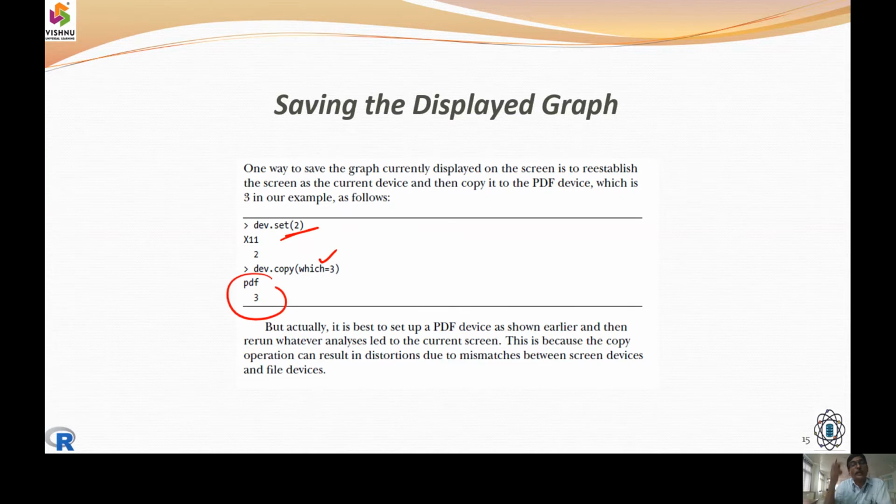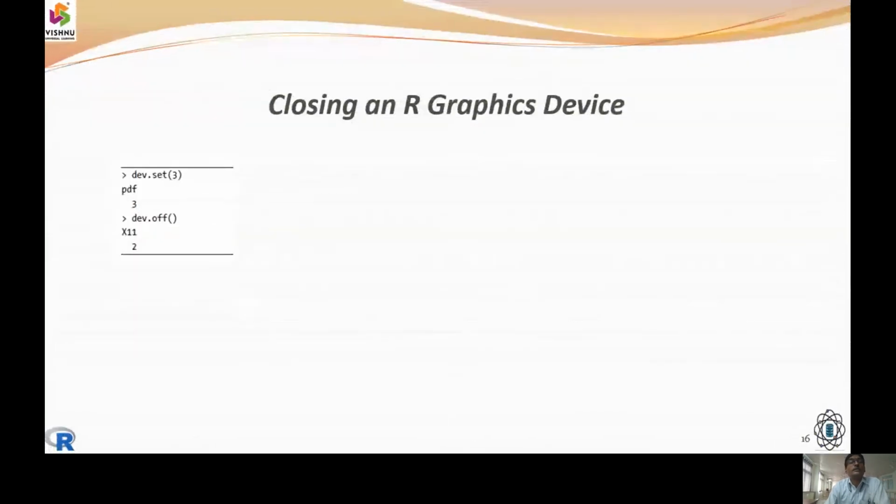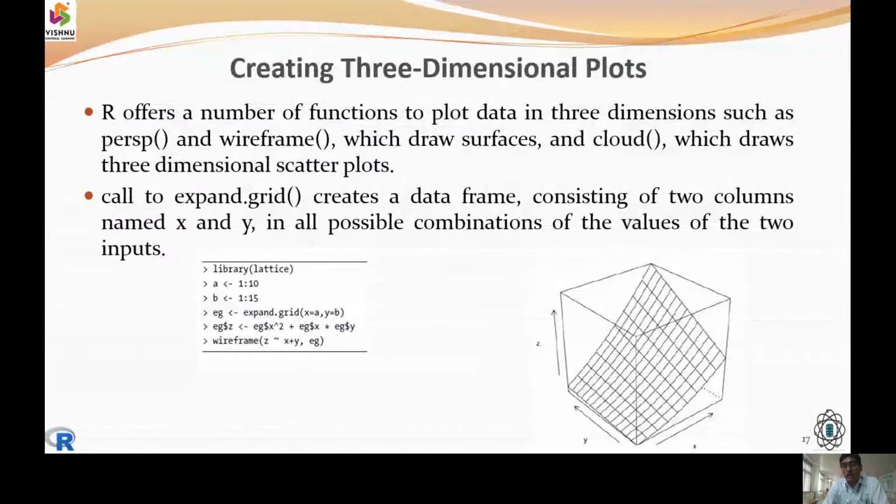It is applicable to a PDF file, and the other thing is dev equals off. That means device off. The other synced device, that is the second device, is going to be closed. So for that, we use dev off.